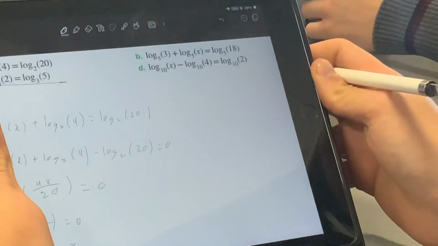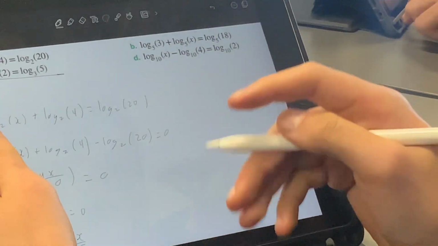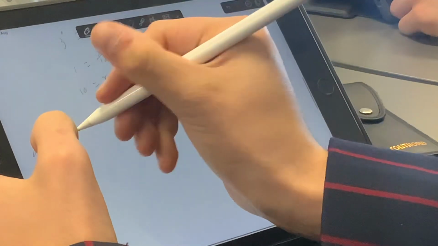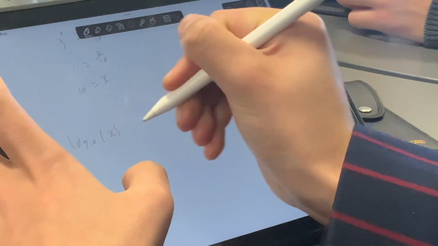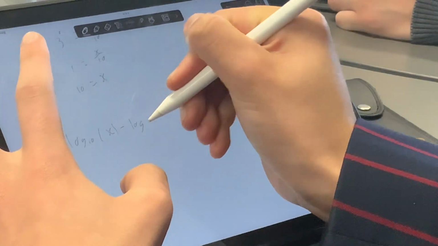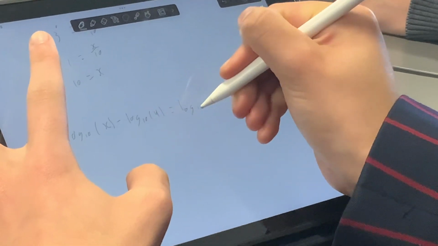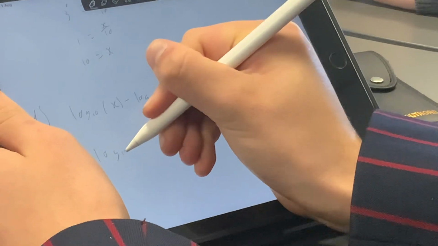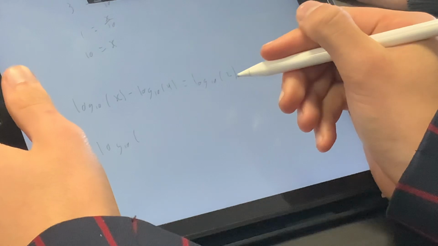Anyways, now, fourth question. It's the same thing. It's always the same thing. Log 10 x minus log 10 4 equals log 10 2. Same thing as always. Because that's positive here, it will become negative over there, which means it is divided by 2 as well.